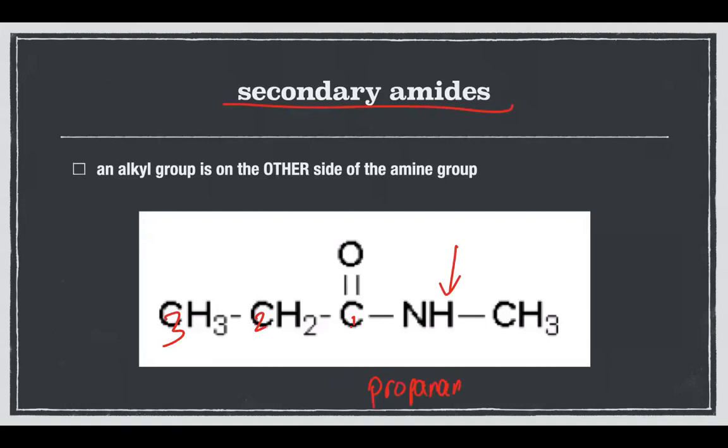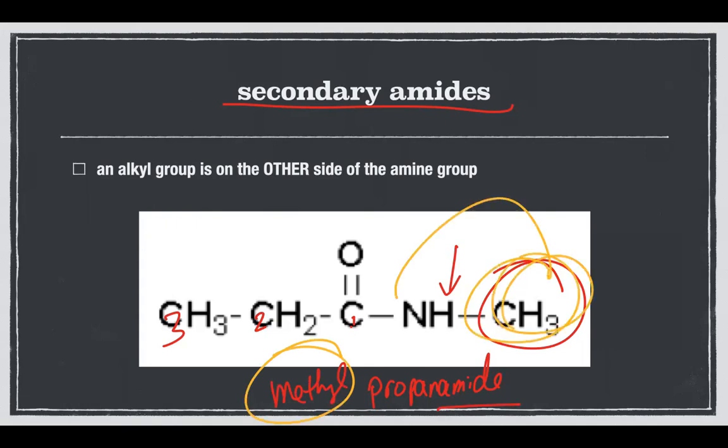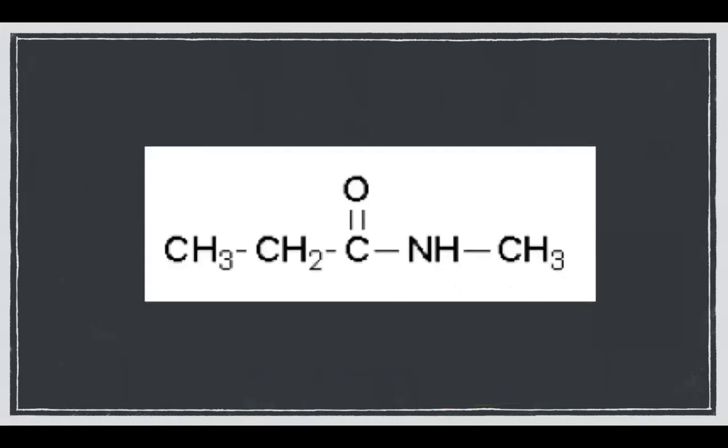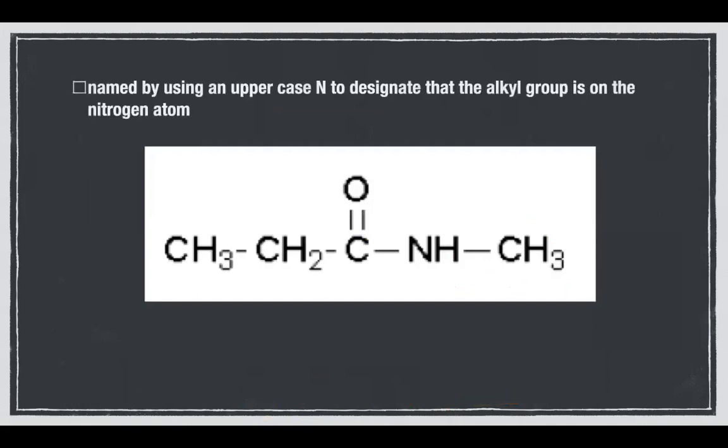So propanamide. And then you just add the name of the alkyl group, methyl. So because it's an amide, that means that the methyl group has to come on the other side of the nitrogen, because this is what identifies it as an amide. So it's methylpropanamide. When you name it, you use an uppercase N to designate that the alkyl group is on the nitrogen atom.